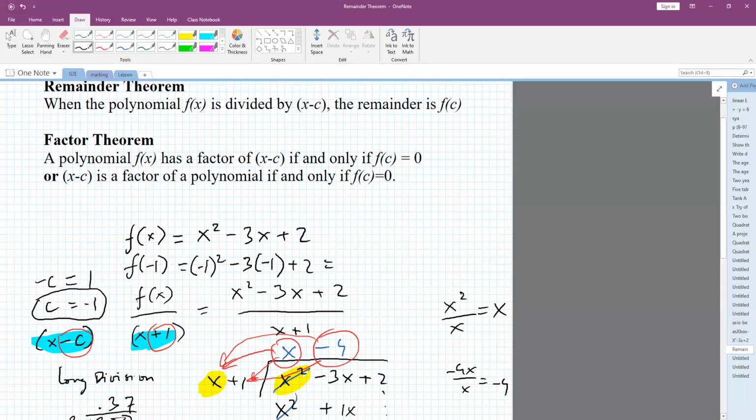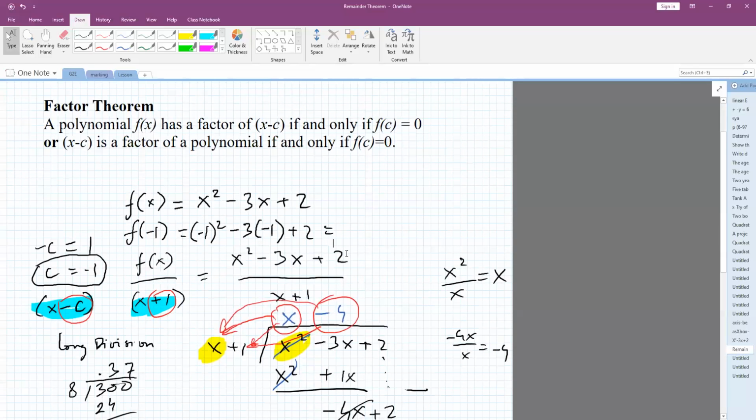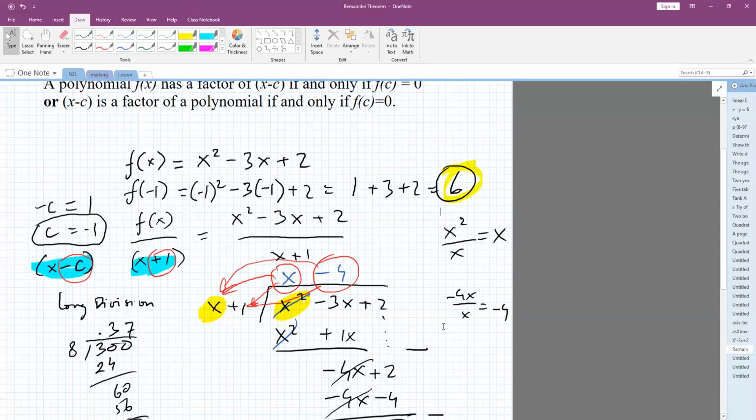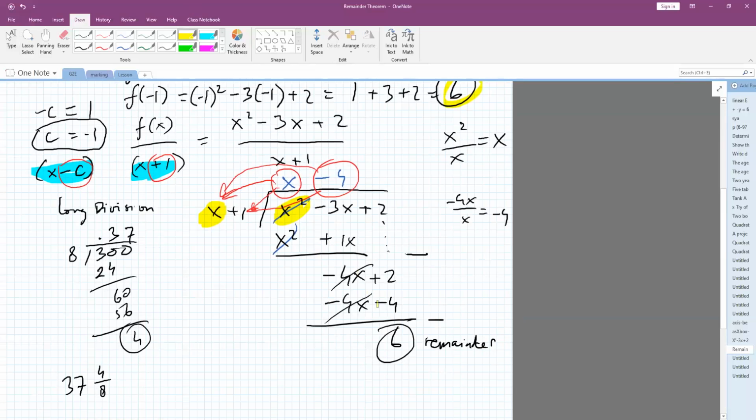So this is what we'll get. So 1, and then minus 3 times minus 1, it's 3, and then plus 2. So in this case, you got that number here, which is 6, the same as this one.